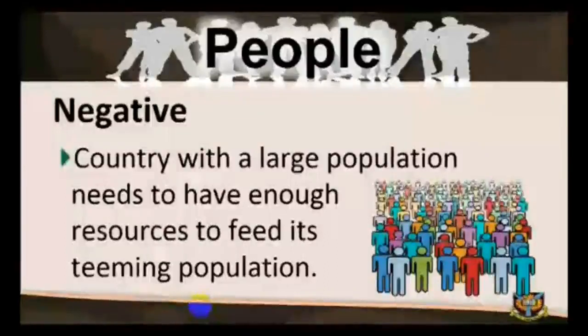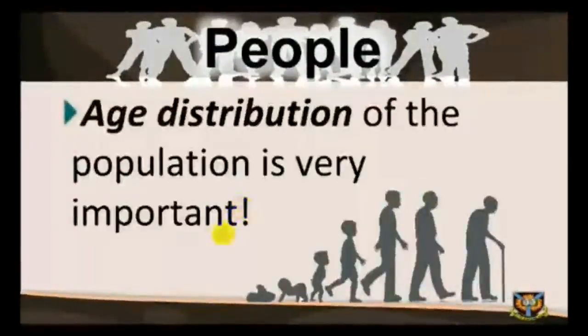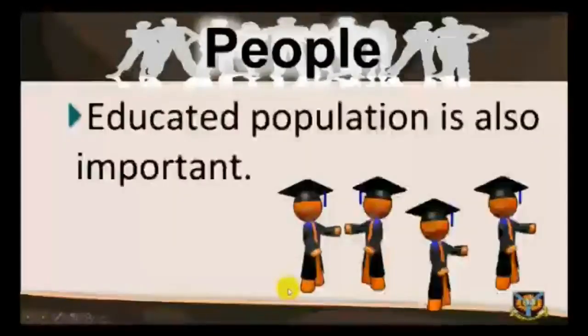Also, the age distribution of the population is very important. A country with a large number of its population in the productive years, 15 to 65, which is the working age years, stands at an advantage over others with a large percentage of the aged. Likewise, an educated population is also important.